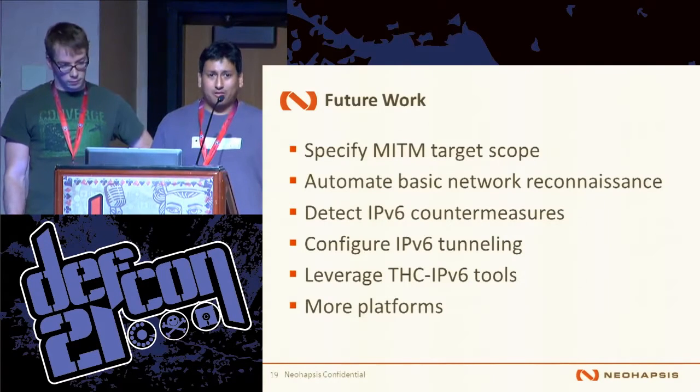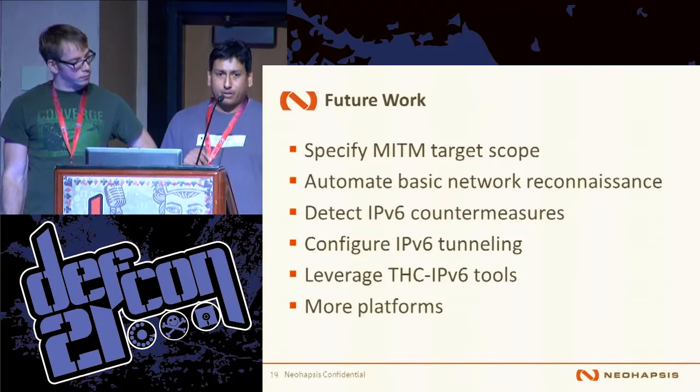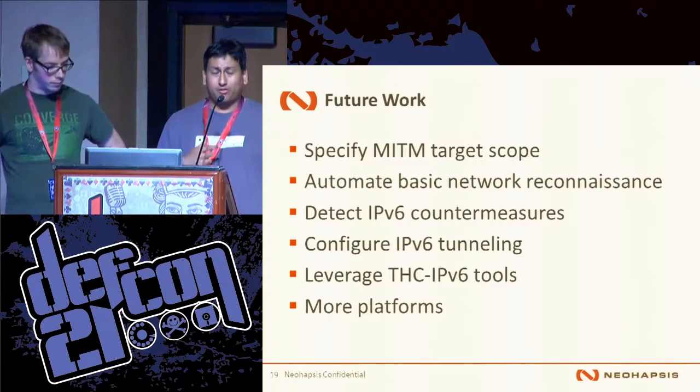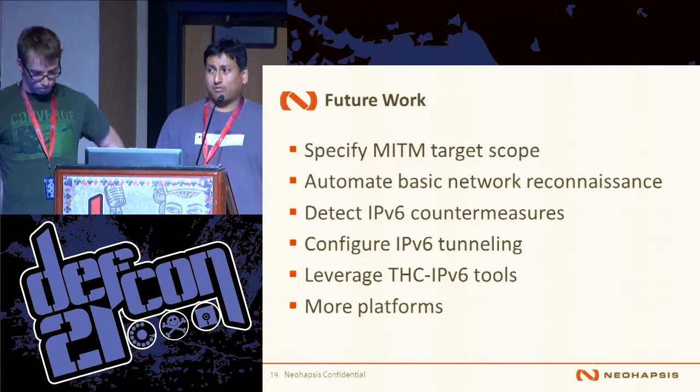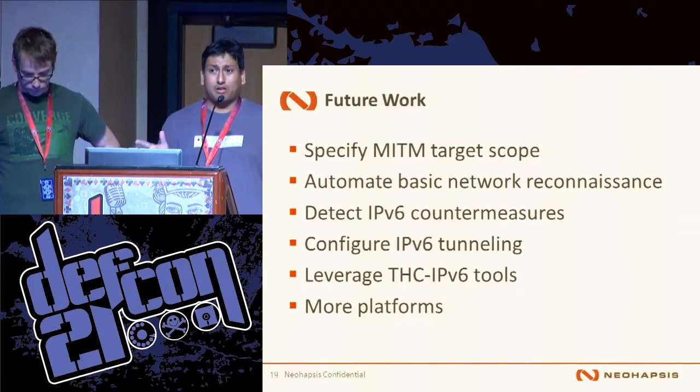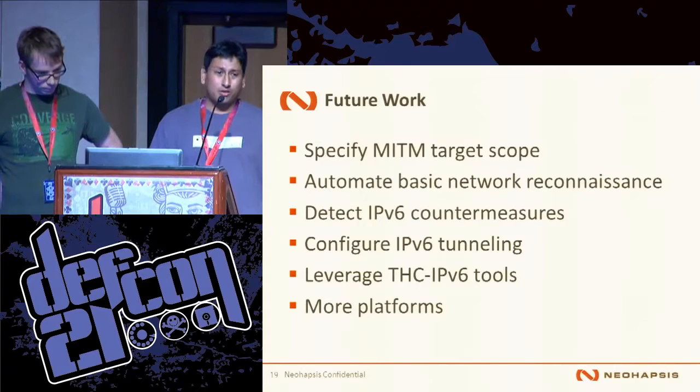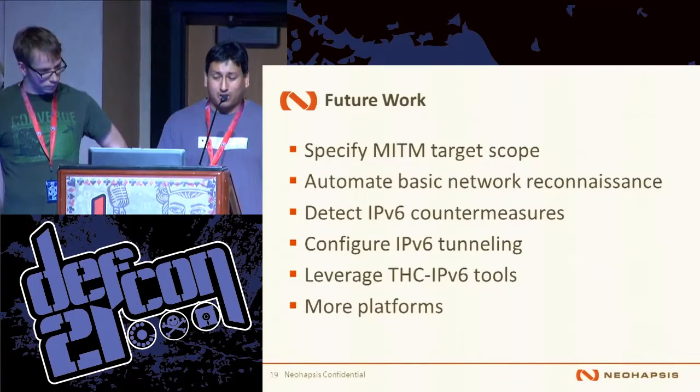Sometimes clients will receive a legitimate AAAA IPv6 address, and they're not going to be able to actually connect back to that site. So happy eyeballs will kick in and they'll fall back. We'd like for that to be as easy as possible as well.